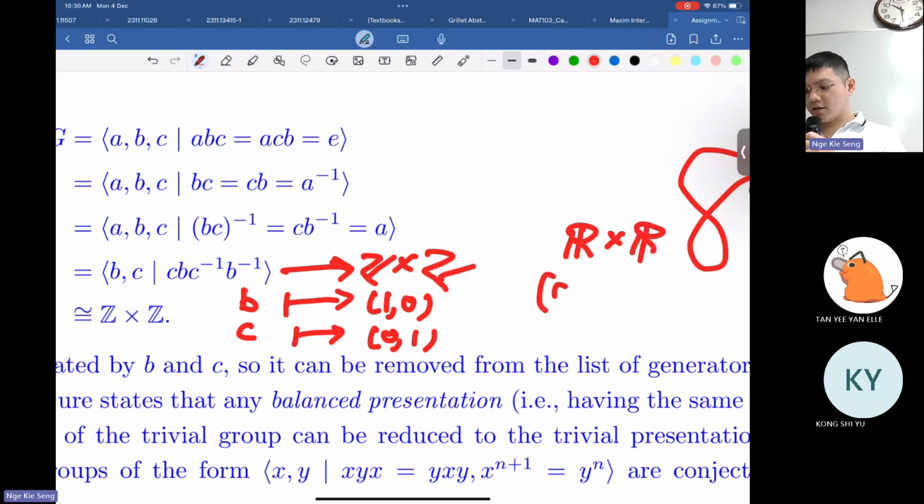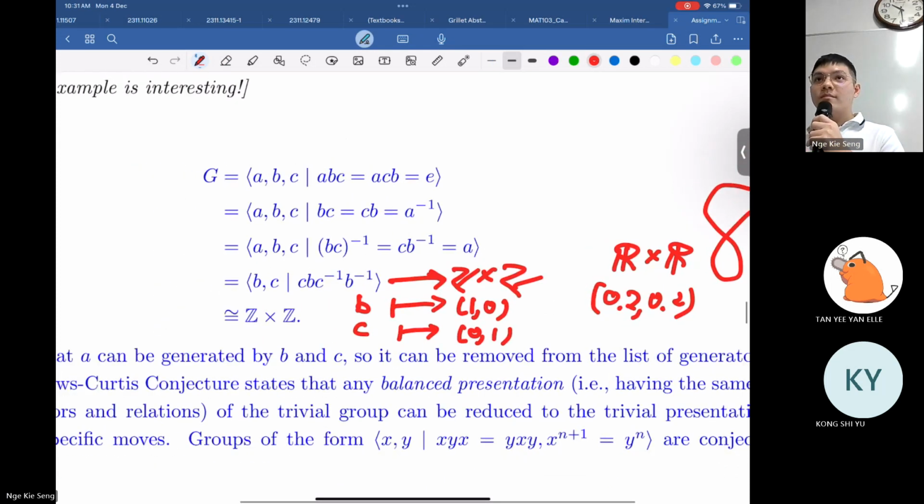Can you find the pre-image of (0.2, 0.2)? You can have a map into here, but is it surjective on R cross R? How do we get these other numbers out?